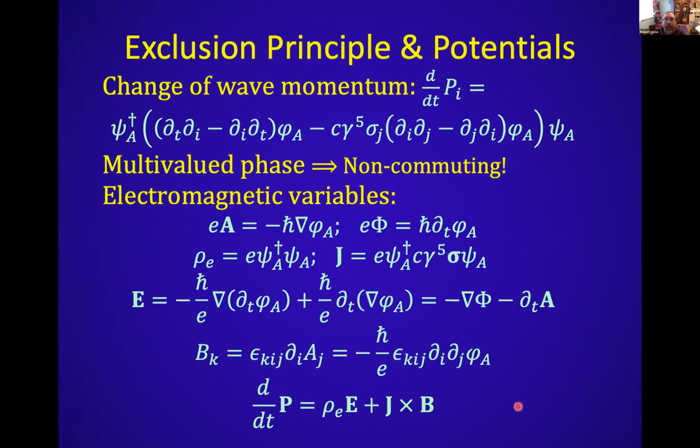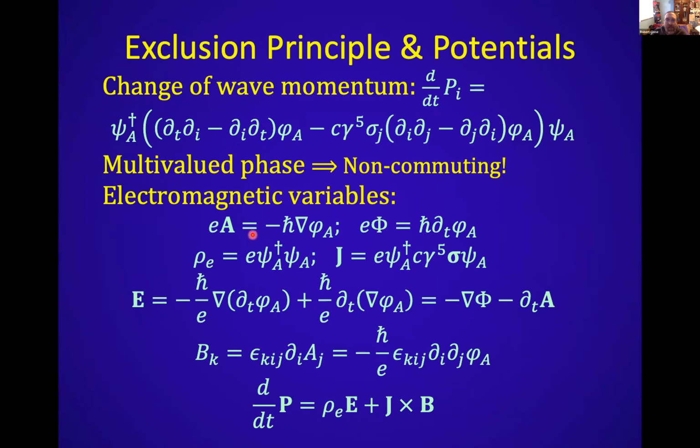And if we work out the rate of change of momentum, we end up with actually these commuting derivatives, 2 sets of commuting derivatives. But because this is a phase angle, these derivatives do not commute, okay, because you can go around the circle and the phase can change by 2 pi, for example.